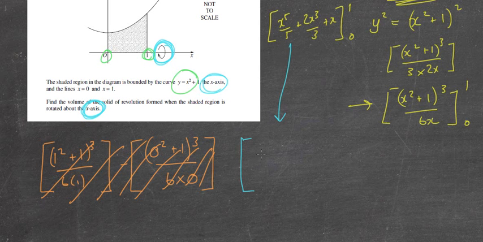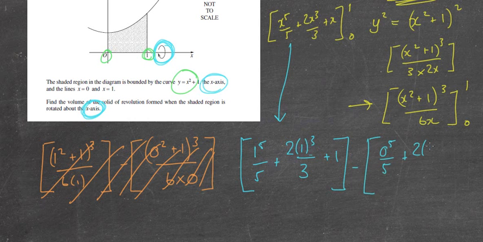So I'm going to do this one now. So we'll try this one. So 1 to the power of 5 over 5 plus 2 times 1 cubed over 3 plus 1. Subtract, and then do it to 0. 0 to the power of 5 over 5 plus 2 times 0 to the power of 3 over 3 plus 0. And what you'll notice with that, that's 0 and that's 0, so that all cancels out.